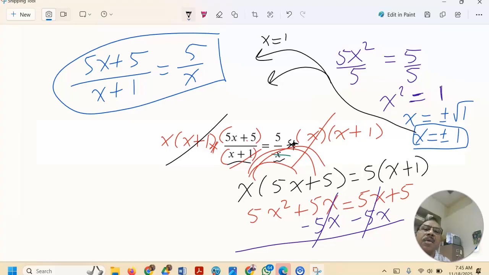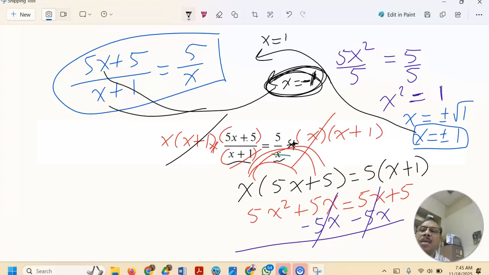Is x equals 1 good, or is x equals minus 1 good? You can plug it in and see what's going on. If we plug in minus 1, what do we get? It becomes 5 times minus 1 plus 5, divided by minus 1 plus 1, equals 5 over minus 1.